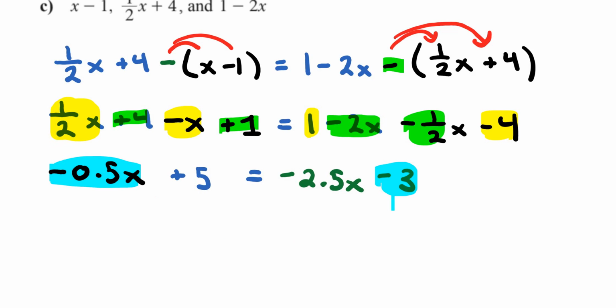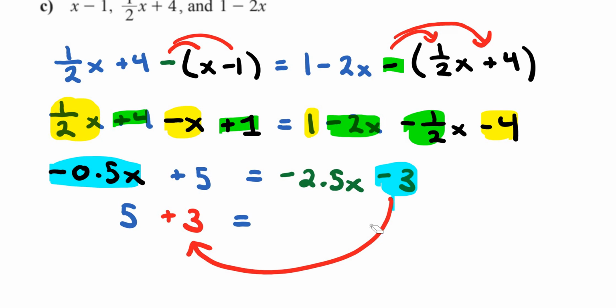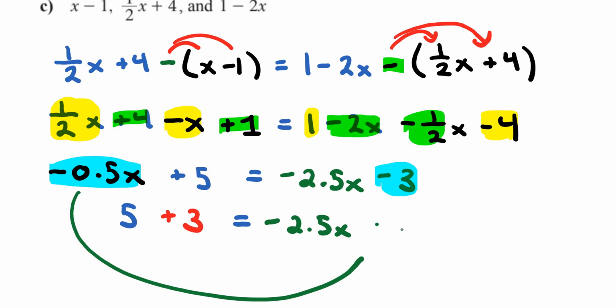Okay. If I do that, I get a 5, and then we get a plus 3 here. So negative 3 becomes positive 3. And then I have the negative 2.5x here. And then if I bring this one over, that's going to be positive 0.5x.